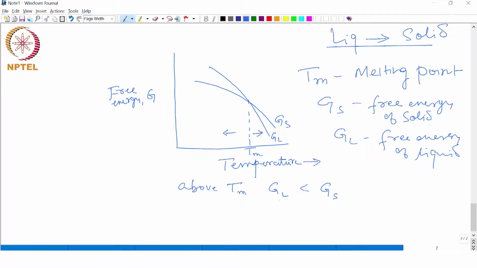And therefore, the liquid is more stable above the melting point, and that is why it melts as you cross the melting temperature and becomes liquid, right.